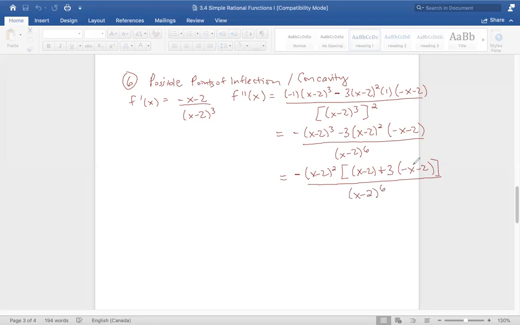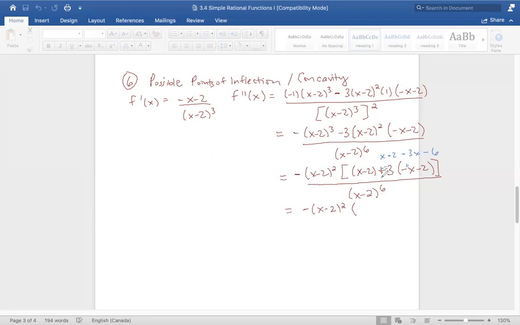Okay, so now I can clean up inside the bracket. I'm going to copy out this part, the negative (x minus 2) squared. And then I can just put regular brackets. I have x minus 2, and then multiplying in, distributive property, negative 3x, and then negative 6.